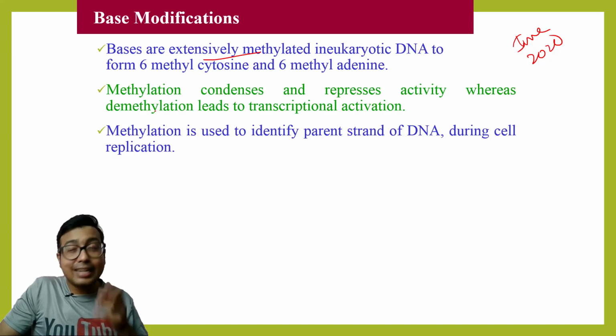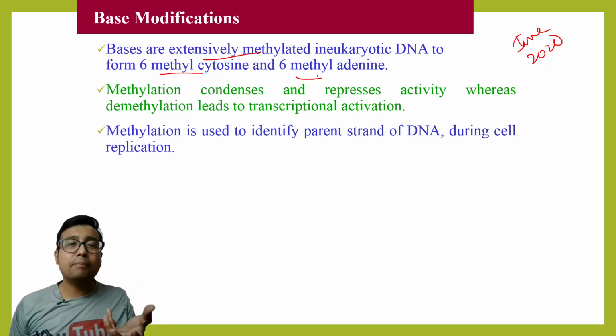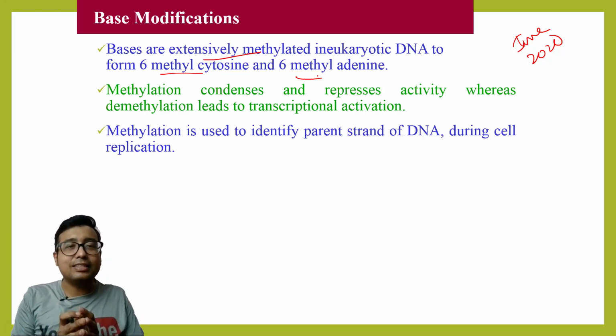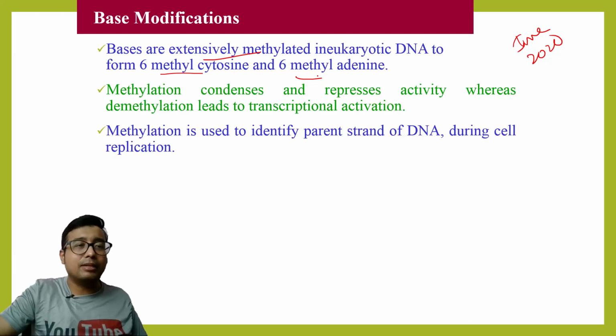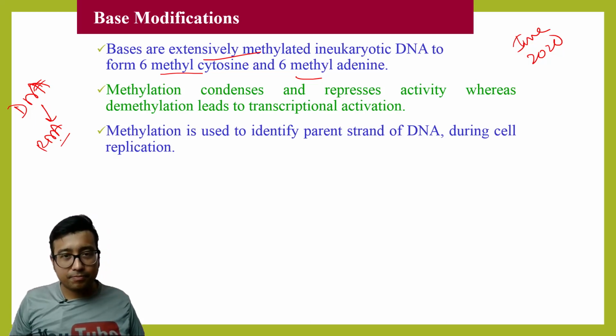Actually direct methylation occurs in 6-methyl cytosine and 6-methyl adenine. What happens? Methylation condenses and represses the activity. What do I mean? After DNA is formed, it will form RNA with the help of transcription.